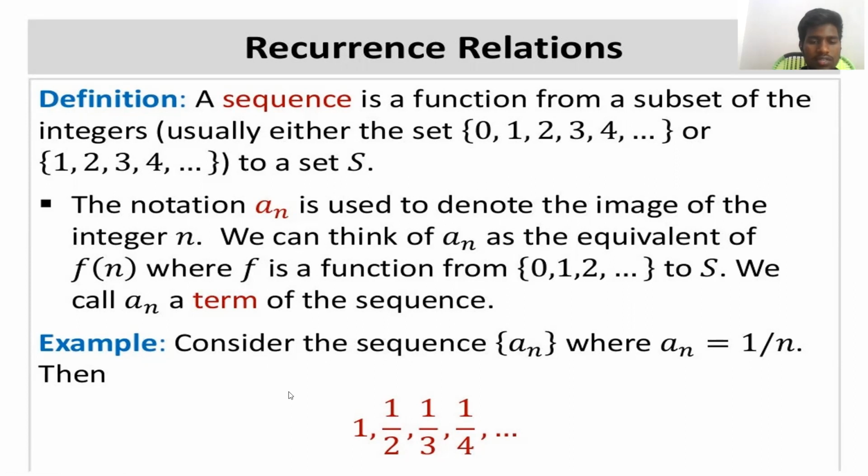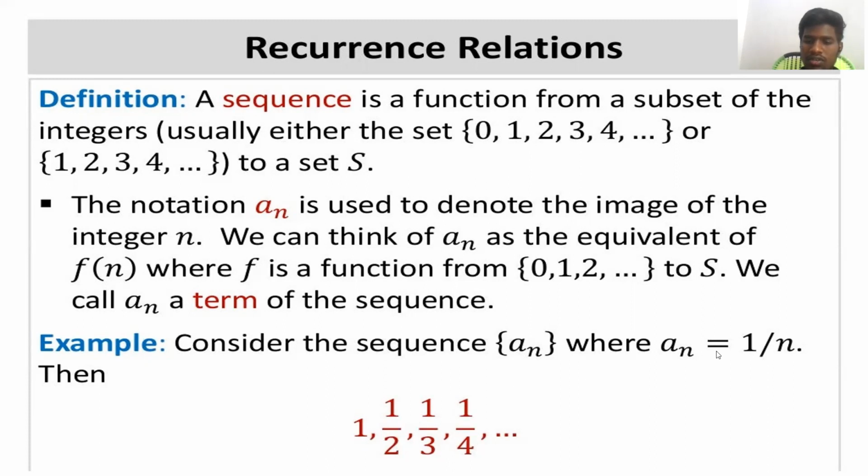For example, consider the sequence a_n where a_n equals 1 by n, and n is greater than or equal to 1. 1 by 1 is 1, 1 by 2, 1 by 3, 1 by 4.